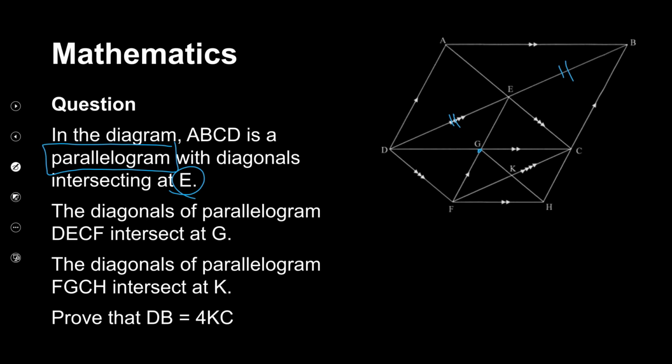The diagonals of parallelogram FGCH intersect at that. So now I have actually 3 parallelograms here, and I'm going to highlight them with different colors. The first one will be this one here. The second one will be this one here.